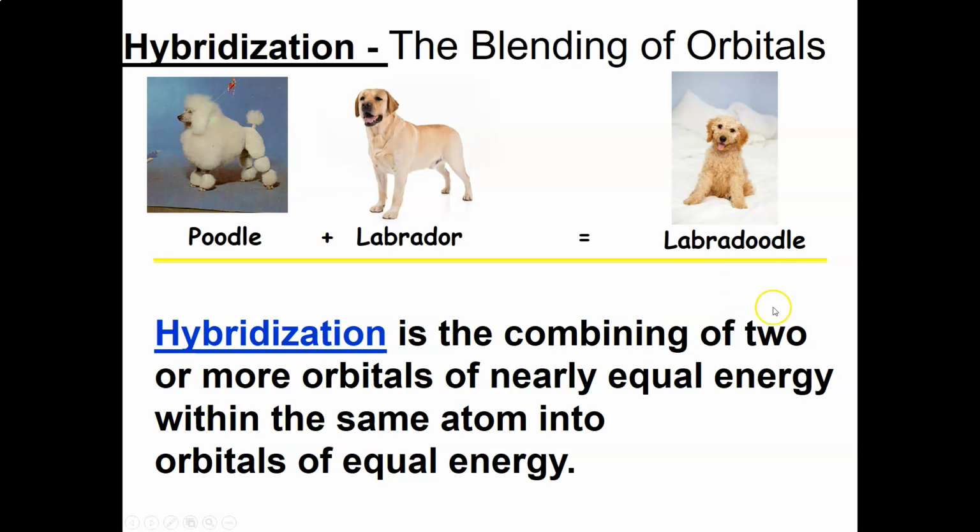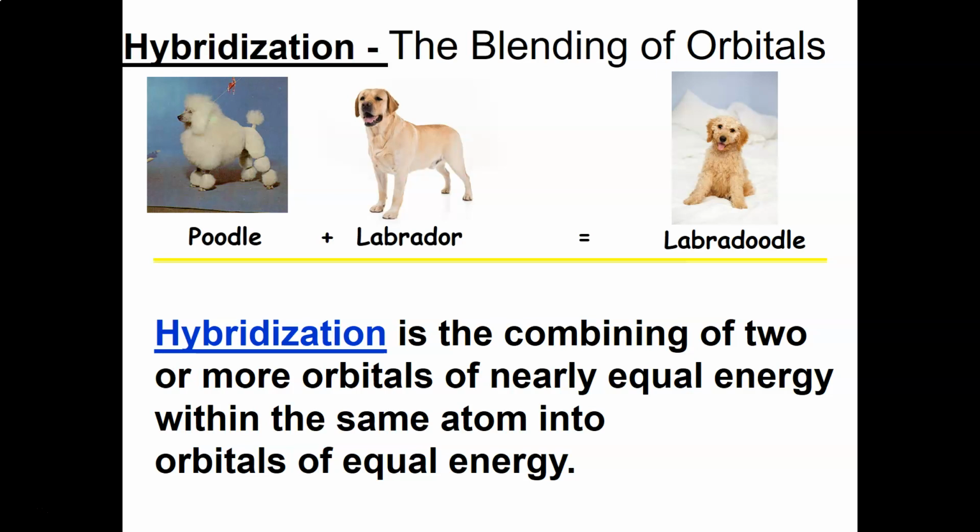So, now with all these designer dogs, right? Like if you had a poodle and a Labrador and they had a puppy, you would end up calling it a Labradoodle. And it would be not a full poodle, it's not a Labrador, it's somewhere in between. And so hybridization is what's going to happen when we take 2 or more orbitals and we merge them together and we get something a little bit different, something that's in between the 2.